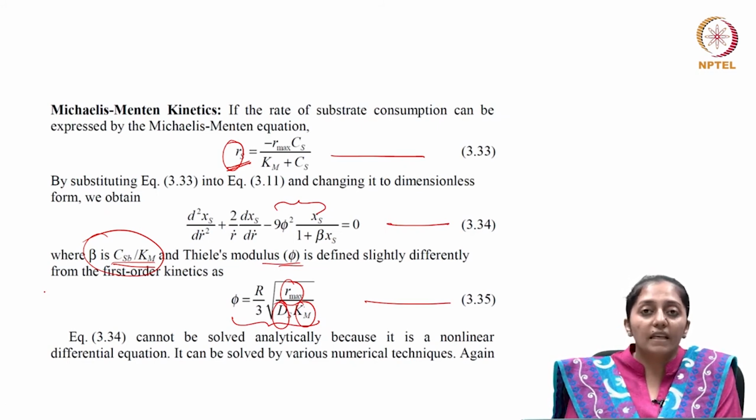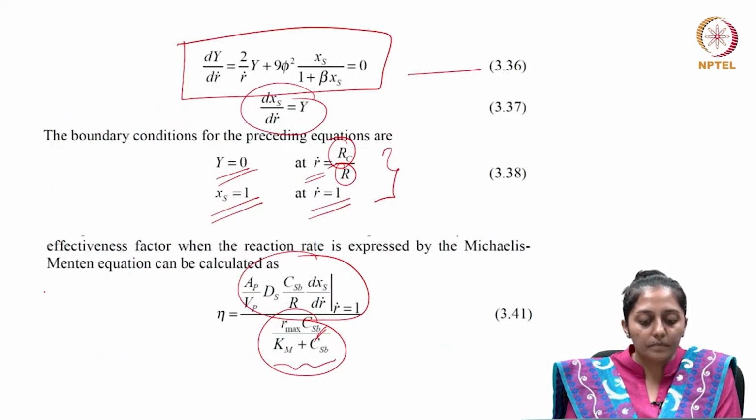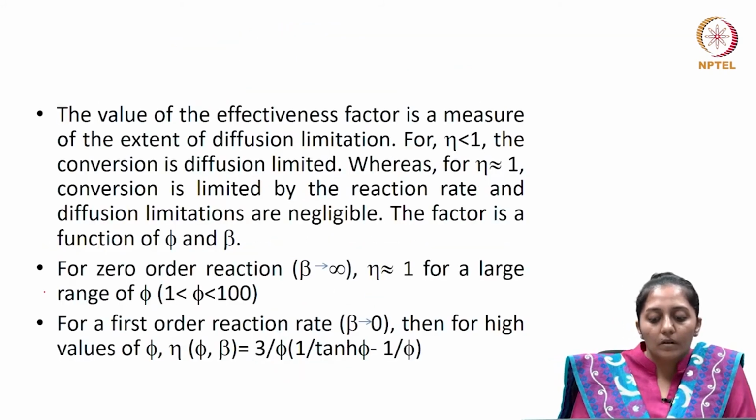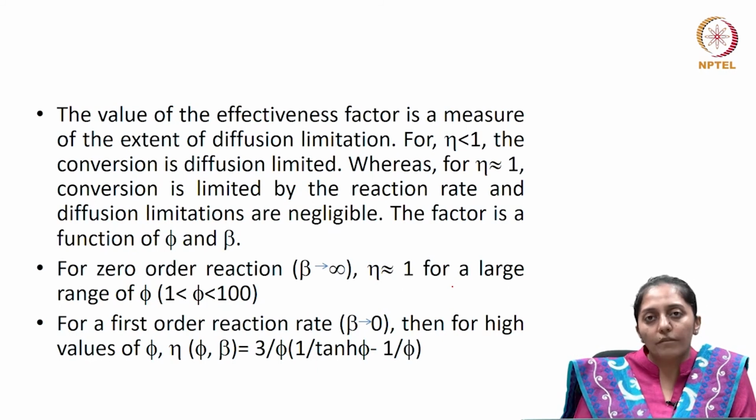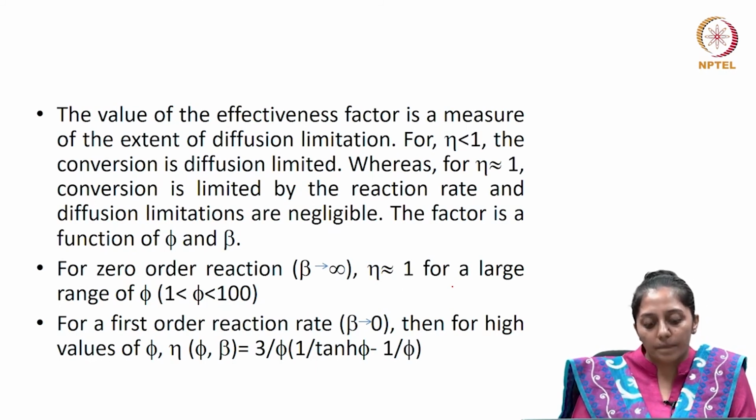And beta is very large, which means the substrate is in excess. So, it becomes a 0 order reaction. Then your effectiveness factor is nearly equal to 1 for a wide range of Thiele modulus.